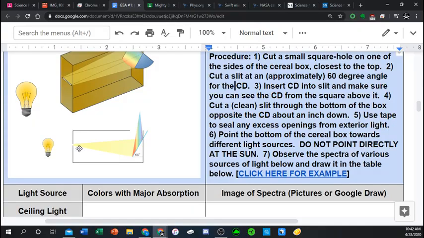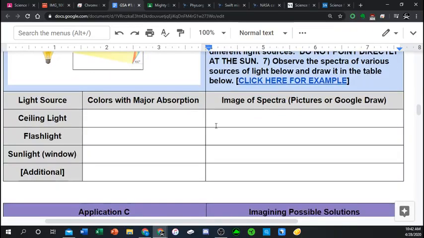You just want a slit because you want to focus the light onto the disc. All right. And then you'll see a rainbow, and that rainbow will look a certain way. There'll be a certain color from left to right. You would draw tomorrow what the spectra looks like for each of these sources. And then colors with major absorption. I'll go over this again tomorrow. What colors have black lines in them or are missing colors?